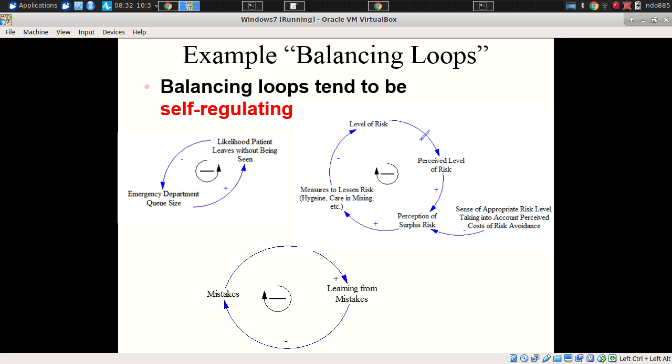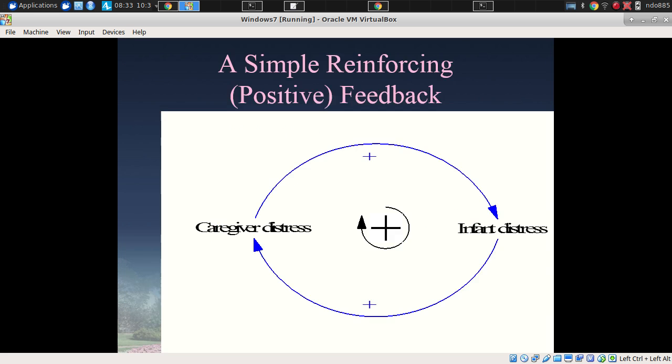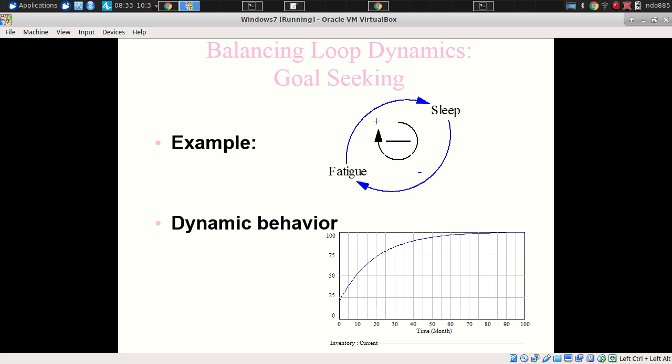The value of these variables will change over time is what's posited here. That's why we associate polarities. So if we have a larger number of mistakes posited, it'll lead to a larger amount of learning from mistakes. We're positing some change over time in those variables. And in fact, as we'll see, and I could jump forward, it will have dynamic consequences in terms of behavior over time associated with the variables.